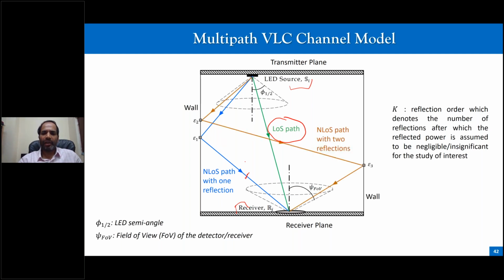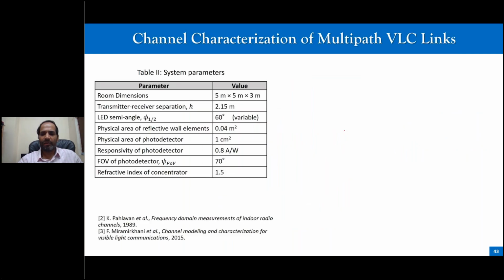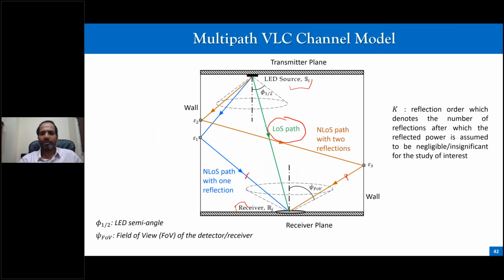What can happen is you can have a non-line of sight path with 2 reflections, or 3 reflections, 4 reflections, 5 reflections. So one point that we have to consider is how many reflections should we consider in a simulation model?